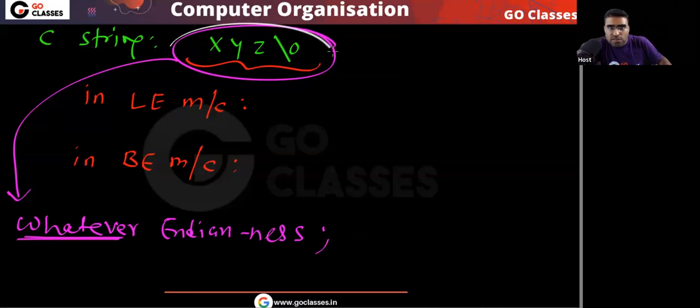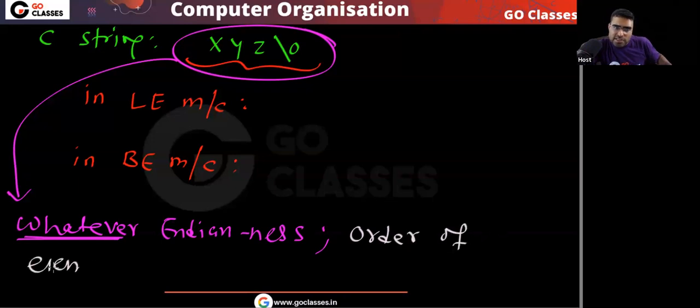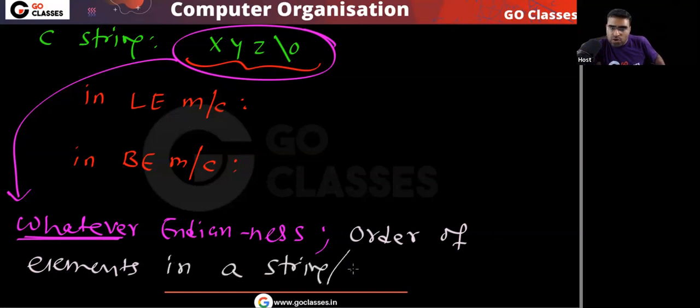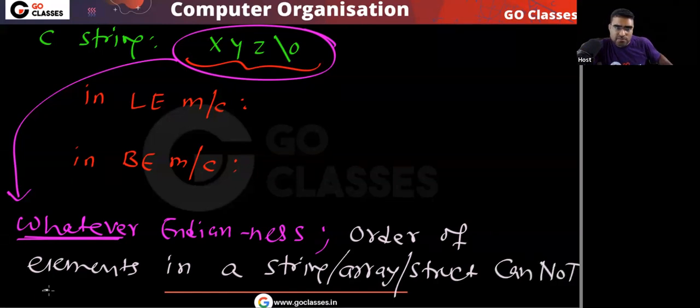The order of elements in a string, array, or struct cannot change. Is this clear?